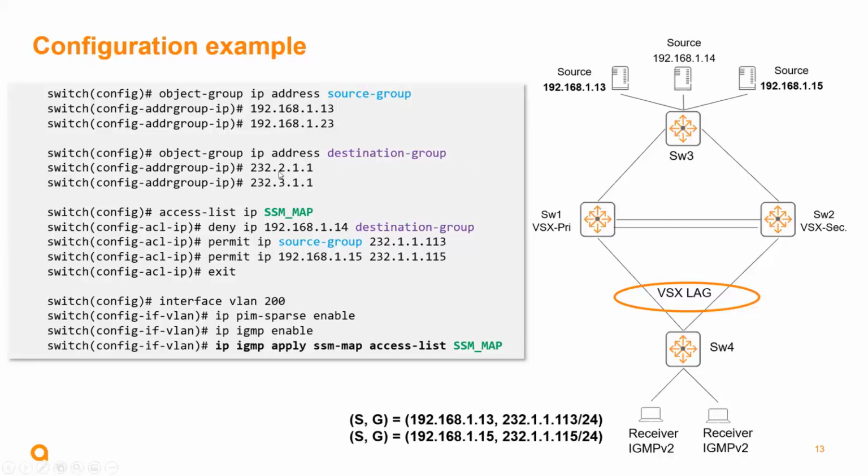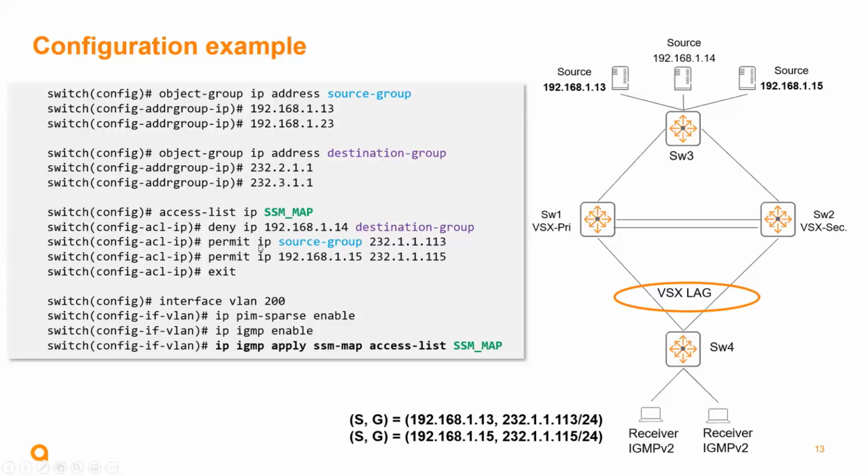We call it destination group: 232.2.1.1 to 232.3.1.1. Now, we create the access list, ip ssm-map, that's the name, and an example being deny ip from this source to this multicast group. That's just an example.